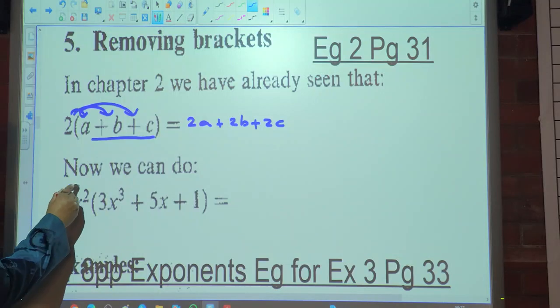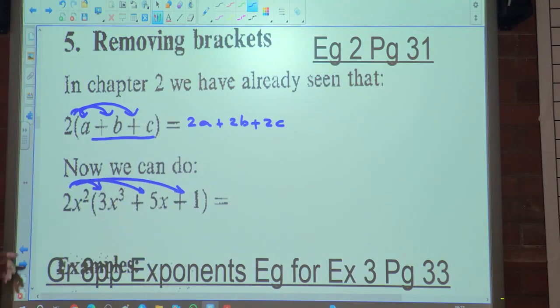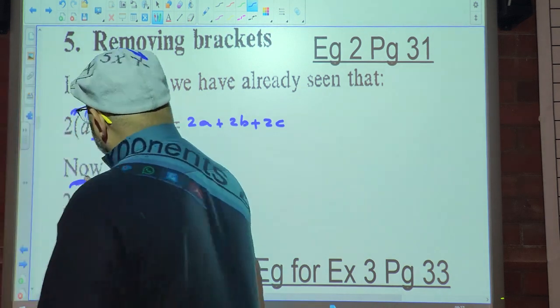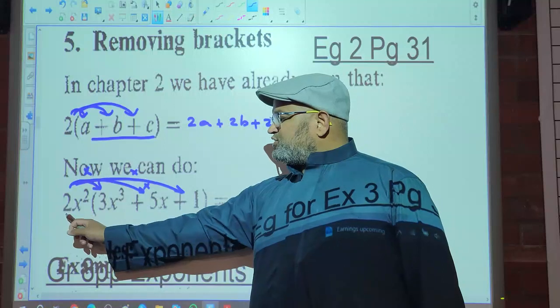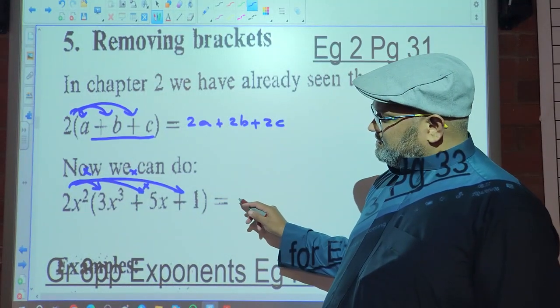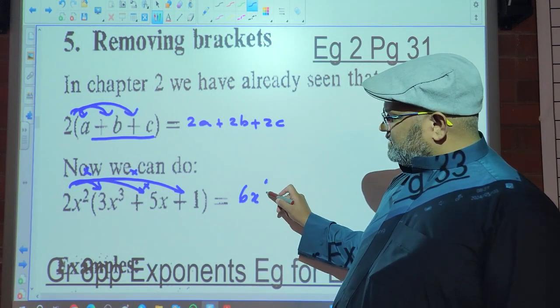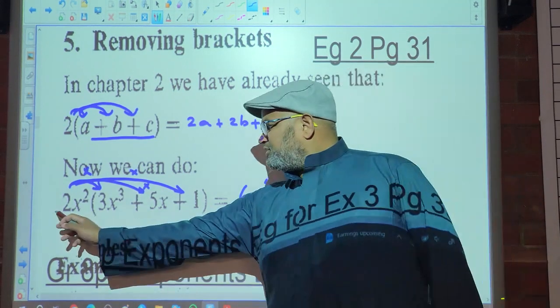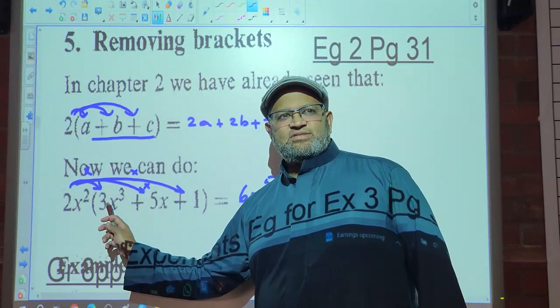Since we have done exponents, we can now do this. Again, the brackets mean to multiply. So what's 2x squared times 3x cubed? 6x to the exponent 5. Remember, when you're multiplying and the bases are the same, I add the exponents.